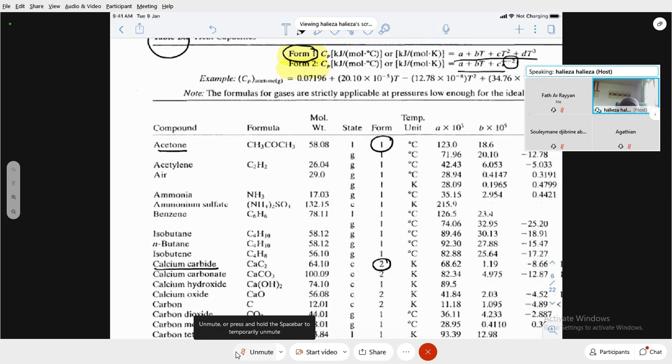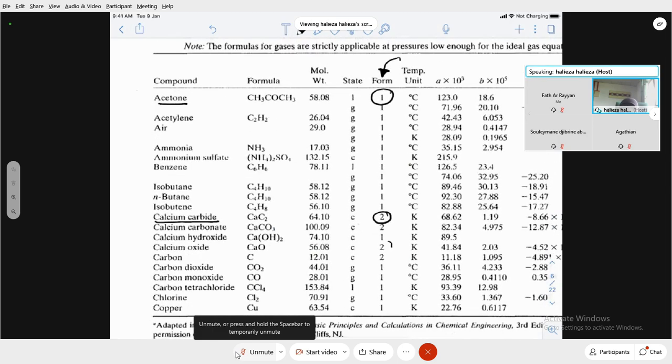Before you write anything else, look at the form, because I come across students who assume that all substances use form 1, the first equation. Some of them use the second equation. So please have a look before you start writing your equation.